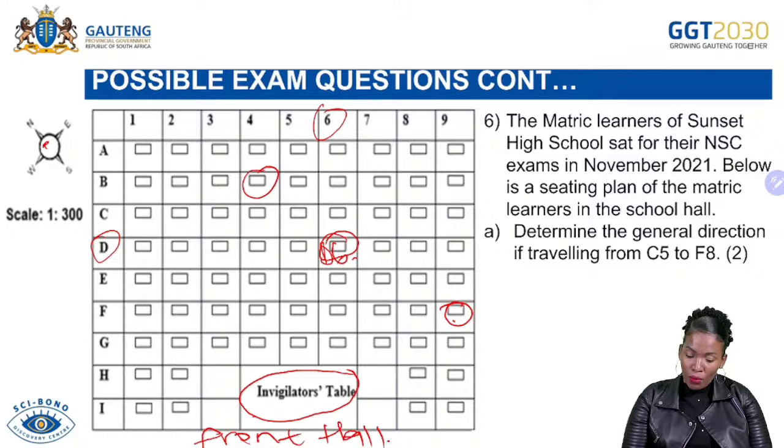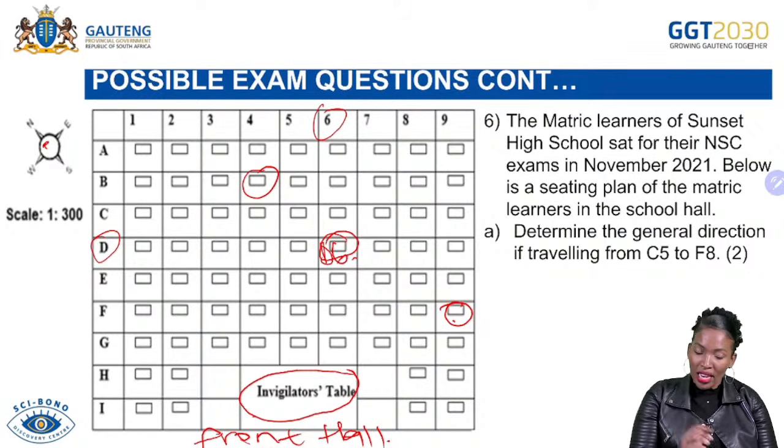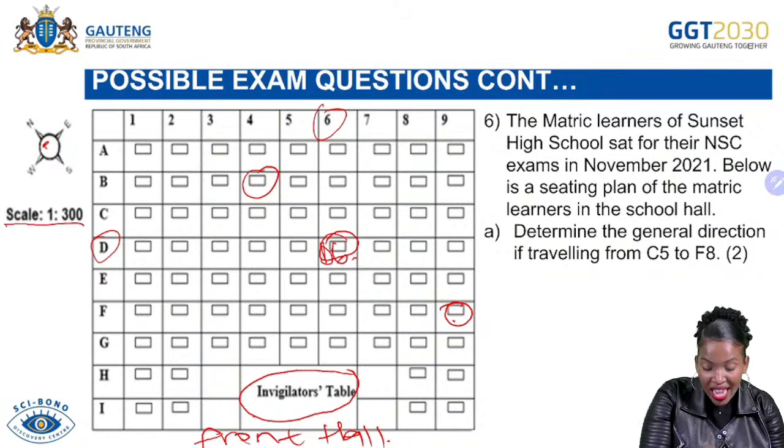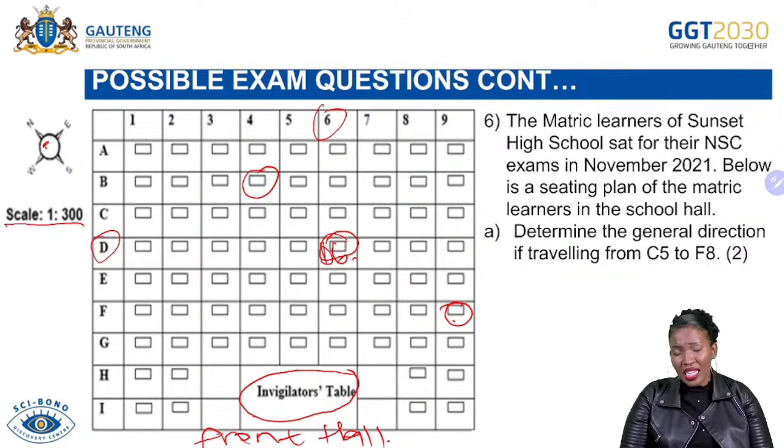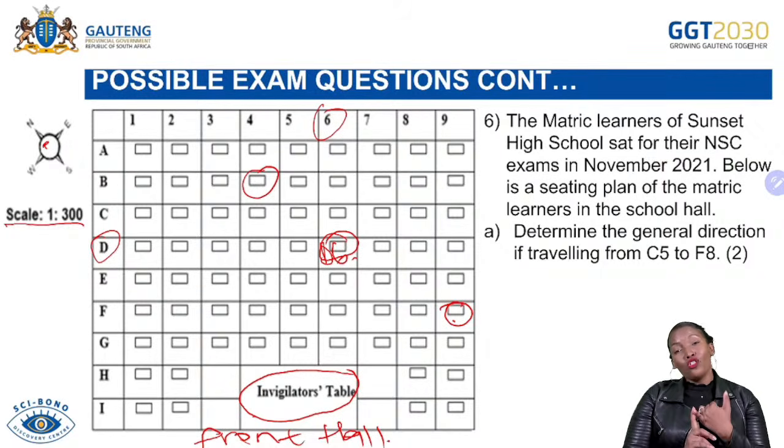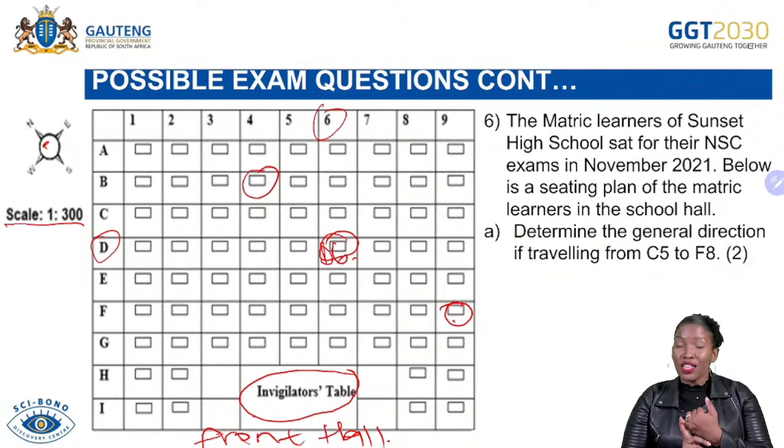The other thing that we identified on our plan is that we have a scale. And what type of scale is given, guys? This is the number scale. When you are given a number scale, you must already know that, one, you are going to be asked to calculate the distance, whether it's the actual or the map distance.